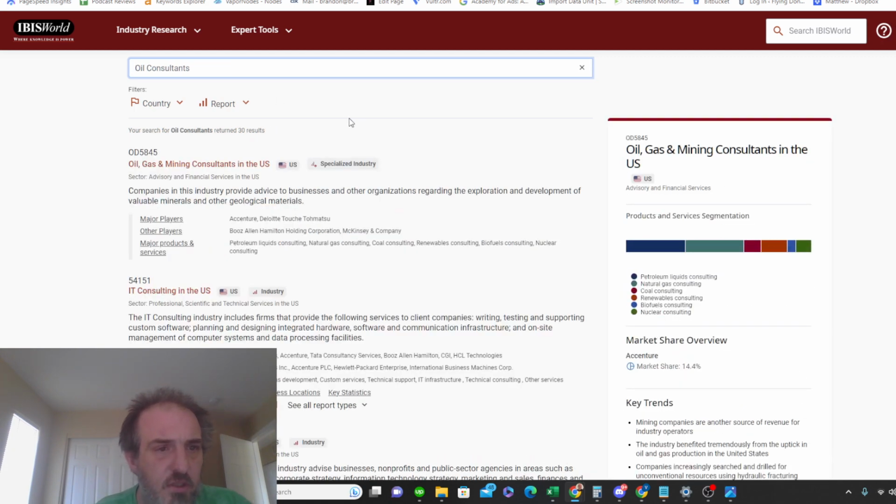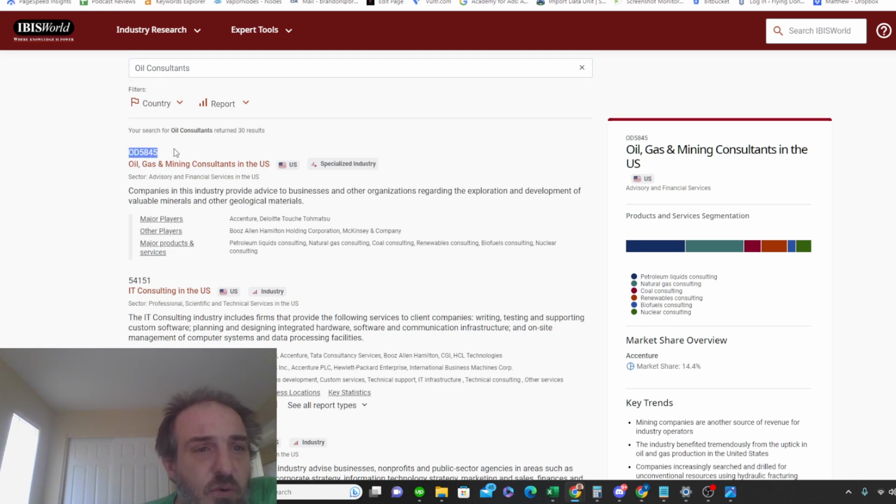Voila, the top one is an NAICS number, which is 541330. If you want management consultants, that's 5416. 54151 is IT consultants. So as you can see, there's different kinds.